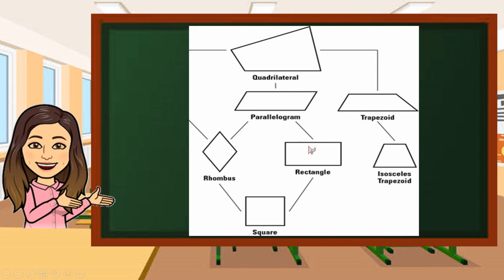So as you can see, class, if ever you will divide a rectangle into two parts, horizontally or vertically, you can get two squares, or two parts of a square.